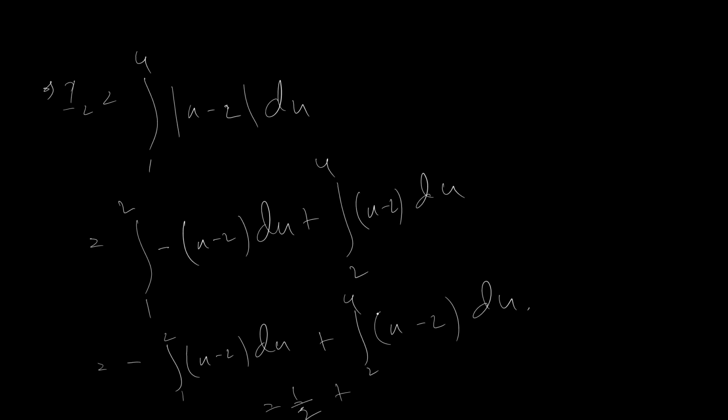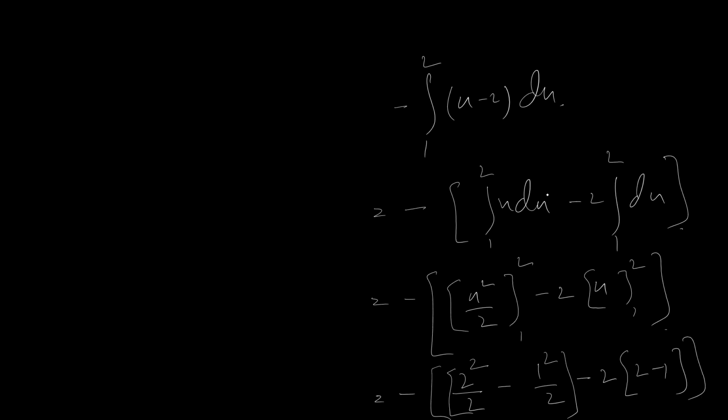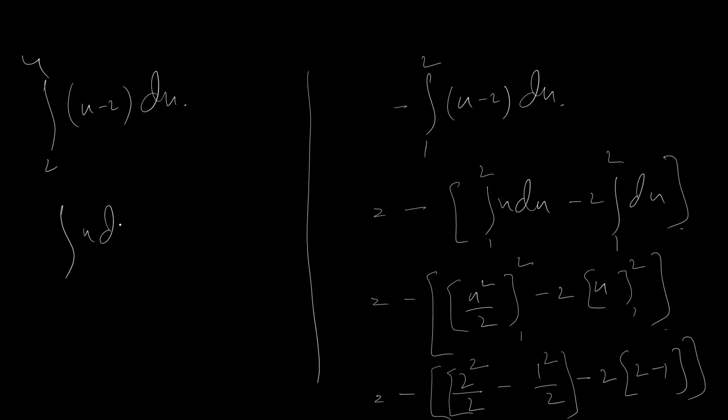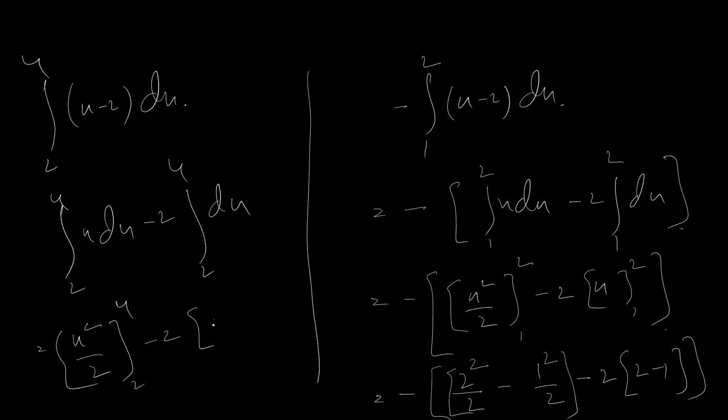Plus, now I will have to do this other part. This part is the same, only the limit is different. This is the integral from 2 to 4 of x − 2 dx. So x dx from 2 to 4 minus 2 times dx from 2 to 4. This will be x square by 2 from 2 to 4 minus 2 times x from 2 to 4.